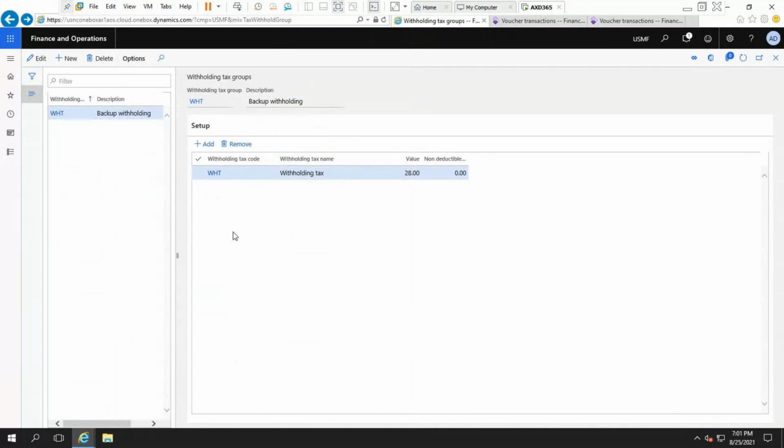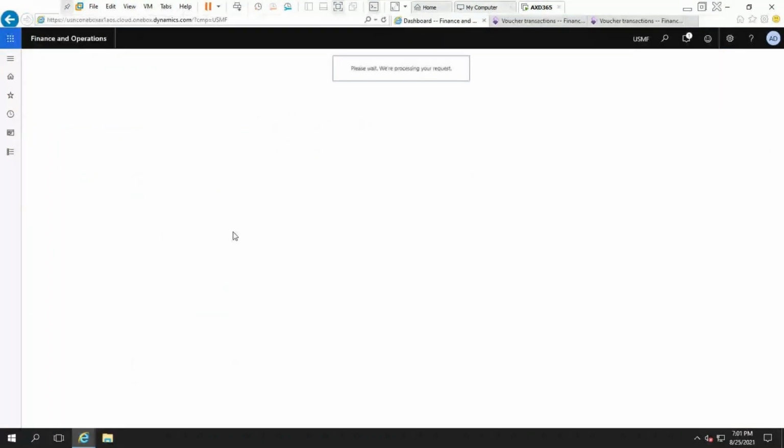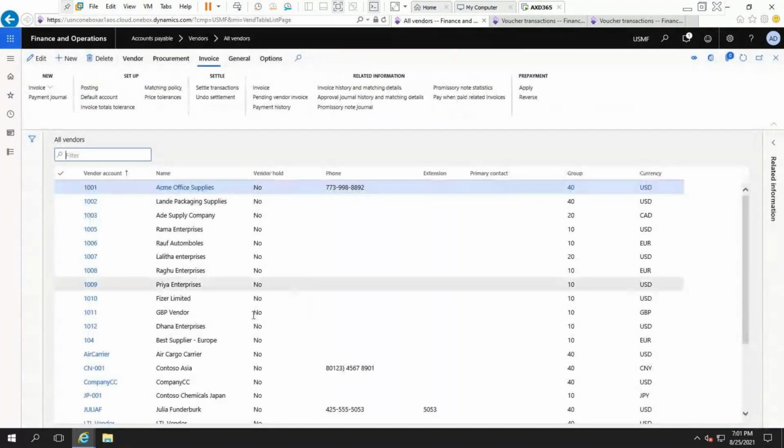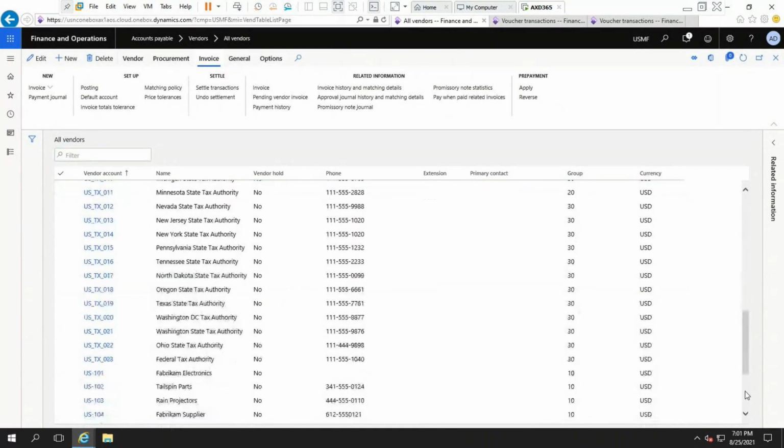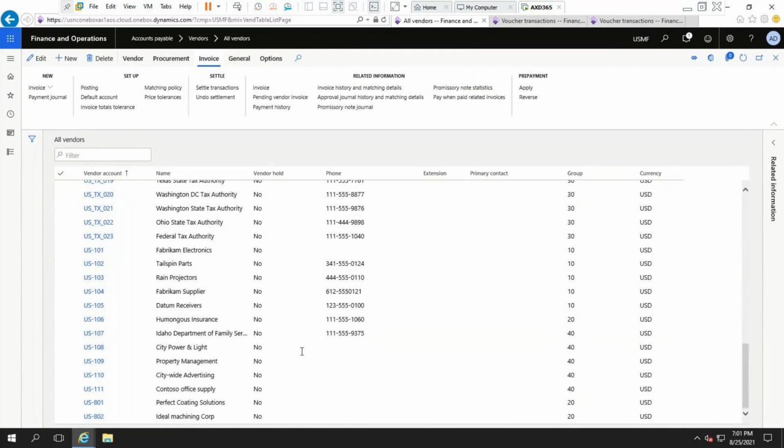Select US 109, sorry, not 106. Let me verify which vendor name. It is 109. Yeah, property management.